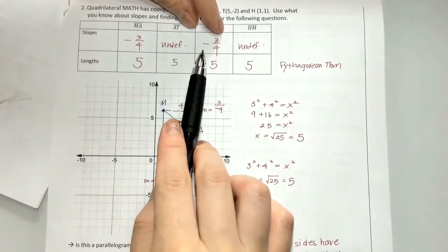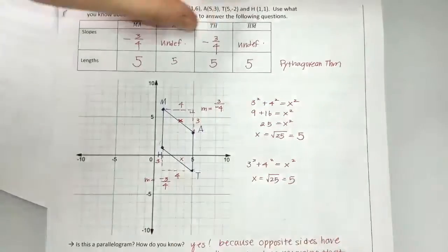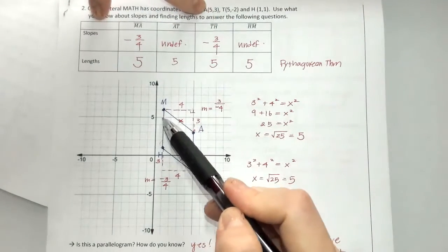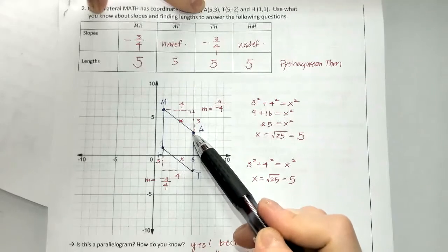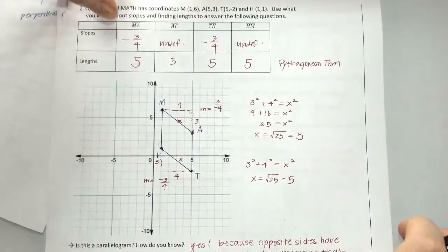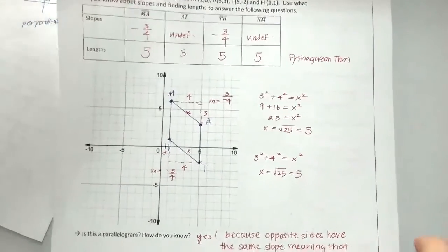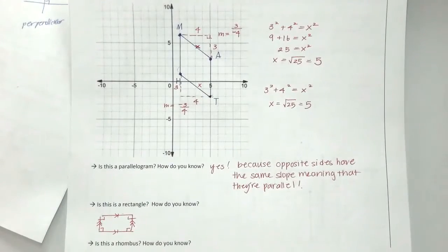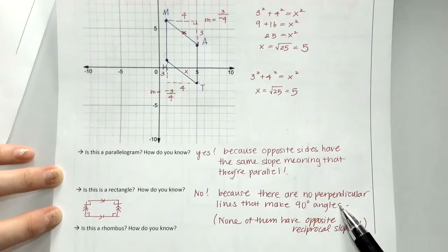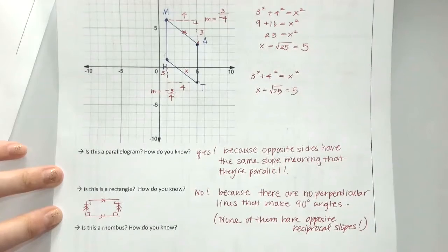Therefore, there aren't any perpendicular lines, meaning these are not perpendicular. There aren't any right angles. So this is actually not a rectangle. So I'm going to say no, because there are no perpendicular lines that make 90-degree angles. And how do we know that? We know that because none of them have opposite reciprocal slopes.